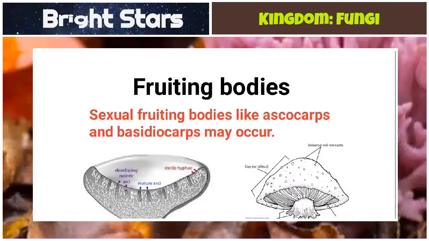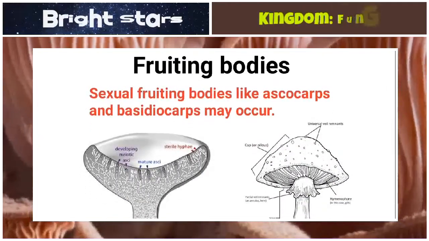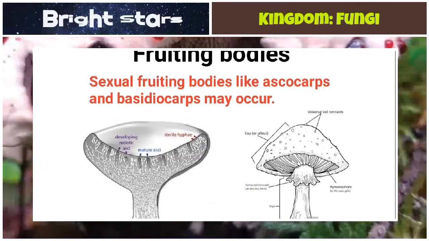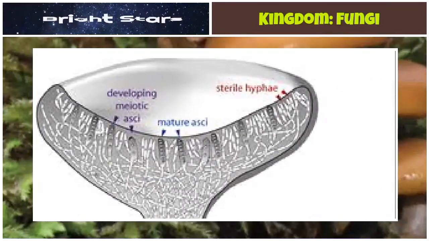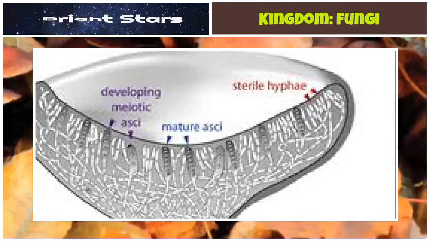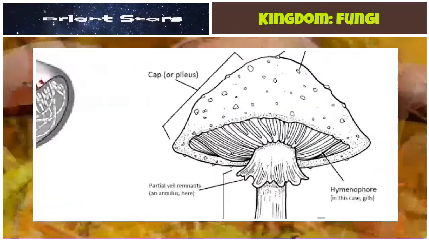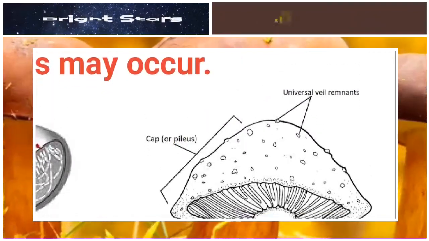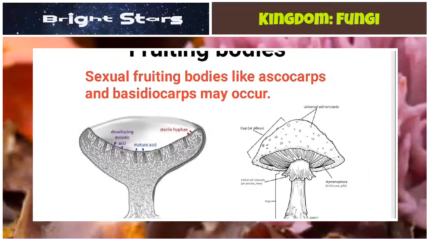So next thing is fruiting bodies where sexual structures are present. Sexual fruiting bodies like ascocarps and basidiocarps may occur. This is the ascocarp in the case of ascomycetes, which has sexual gametangia and sexual structures. In the case of basidiomycetes or mushrooms, we can find the basidiocarps.